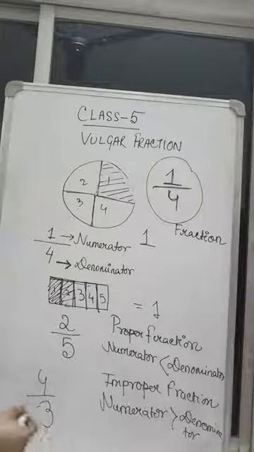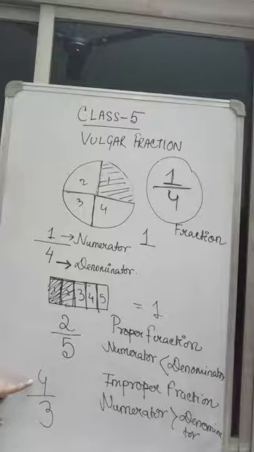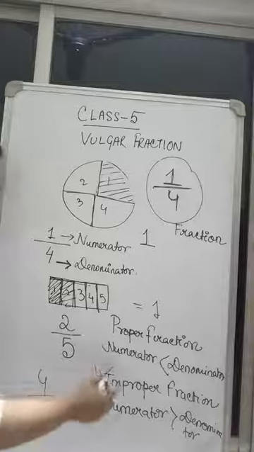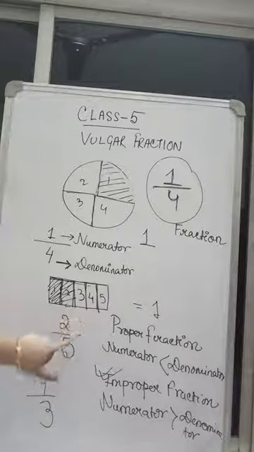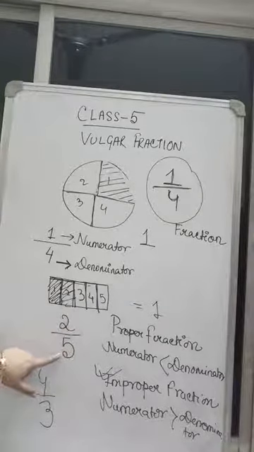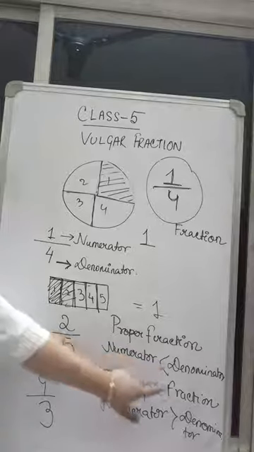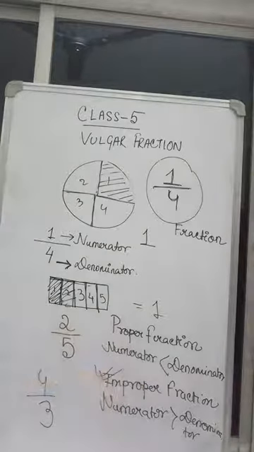Suppose it is 3. So whenever you get a fractional number where the numerator is a bigger number than the denominator, you call that an improper fraction. And if the fractional number has a numerator or the top number lesser than the number written down, it is known as a proper fraction.